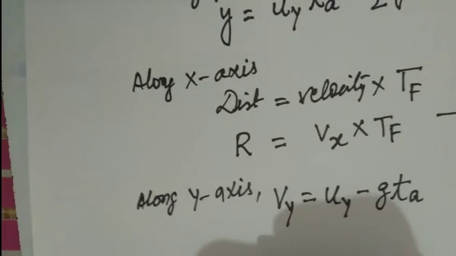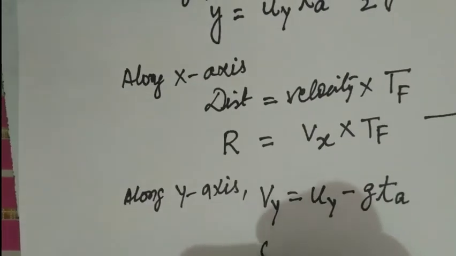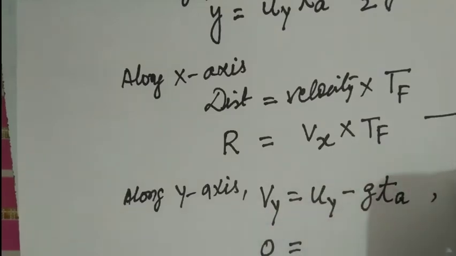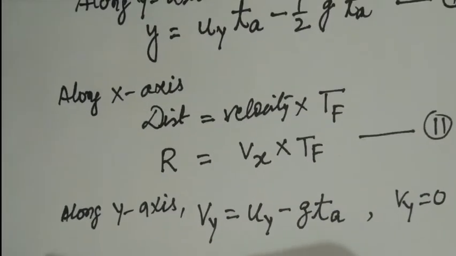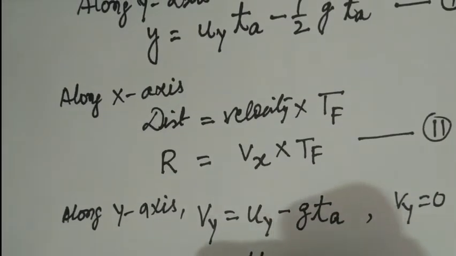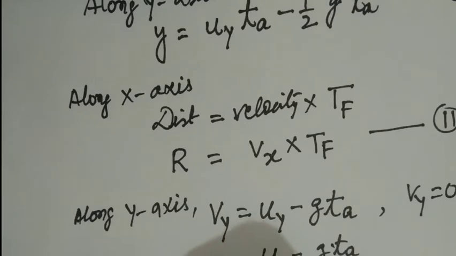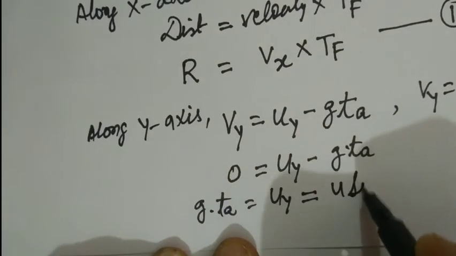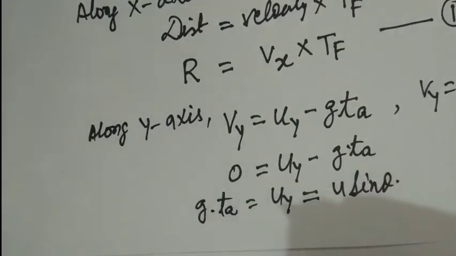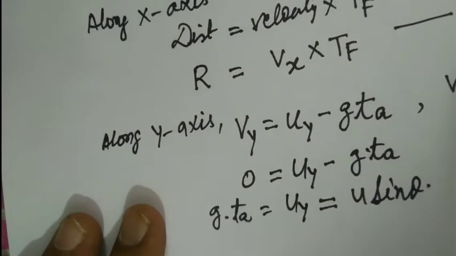This can be applied here. At maximum height, Vy becomes 0, so I have put 0. Understand? So uy minus g ta is 0, so g into ta is equal to uy. What is the value of that? uy is equal to u sine theta. Now we can calculate ta from this formula.